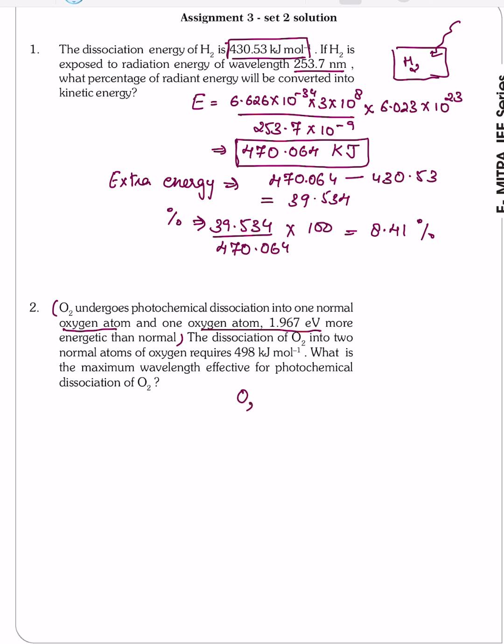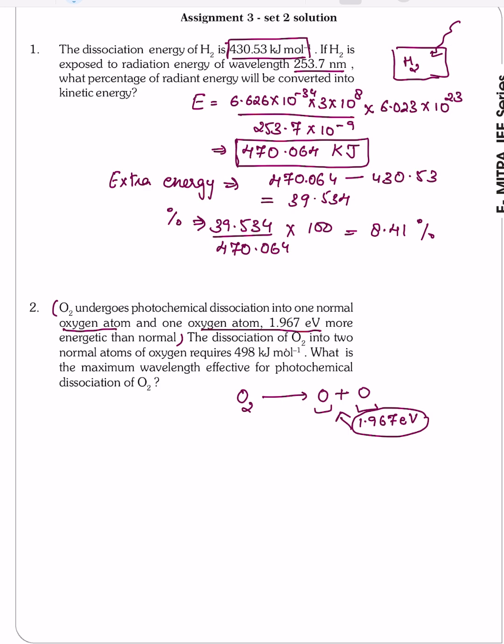That dissociation of O2 is taking place. O2 is dissociating into O plus O, and one O is the normal oxygen. The other one is 1.967 electron volt more energetic than this one.